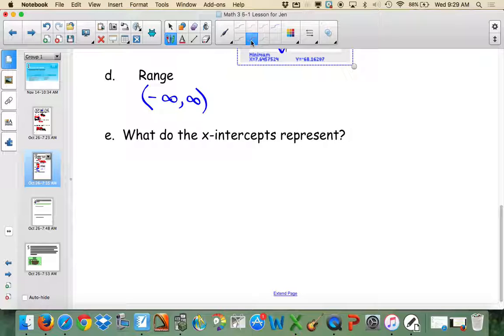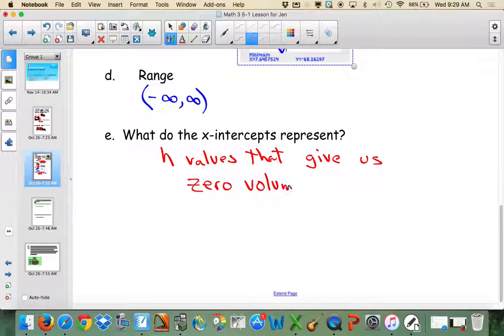So what do these x-intercepts represent? h values that give us 0 volume to our planters.